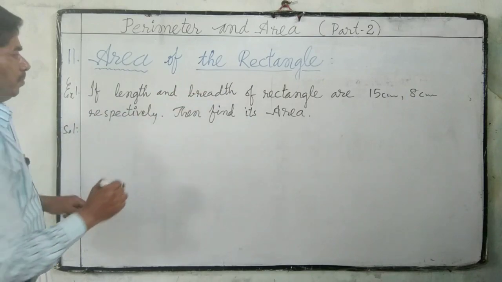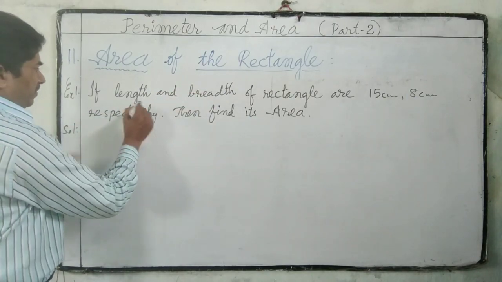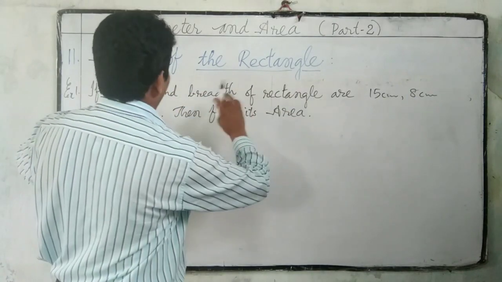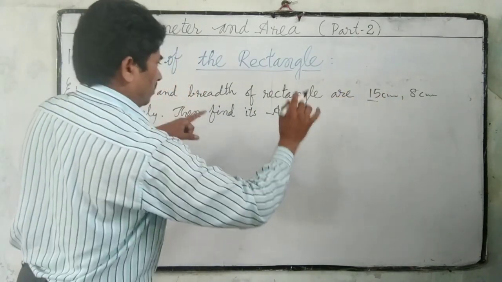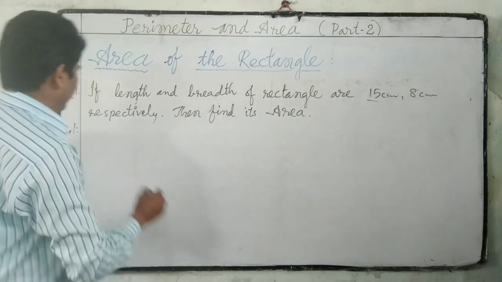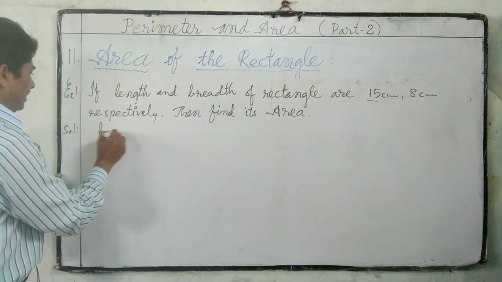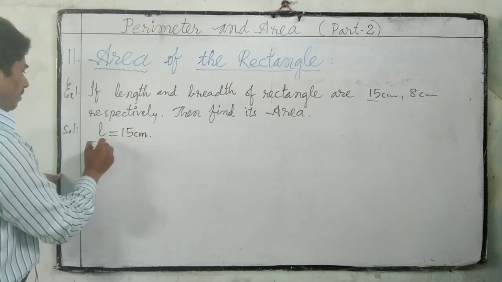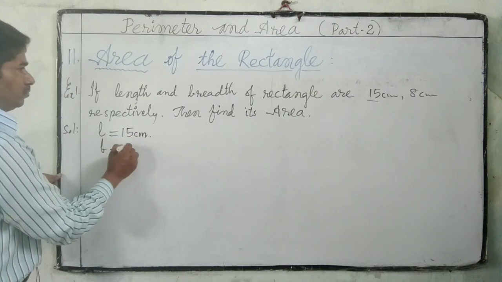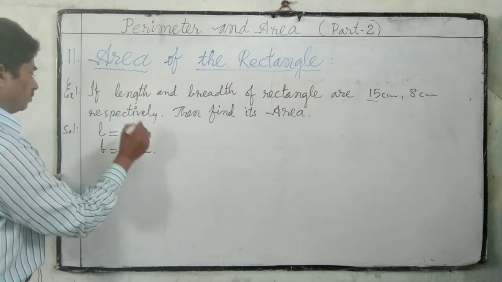Here given respectively means first length, first breadth, next, like this we have to take. So length L is equal to 15 centimeters, breadth B is equal to 8 centimeters.